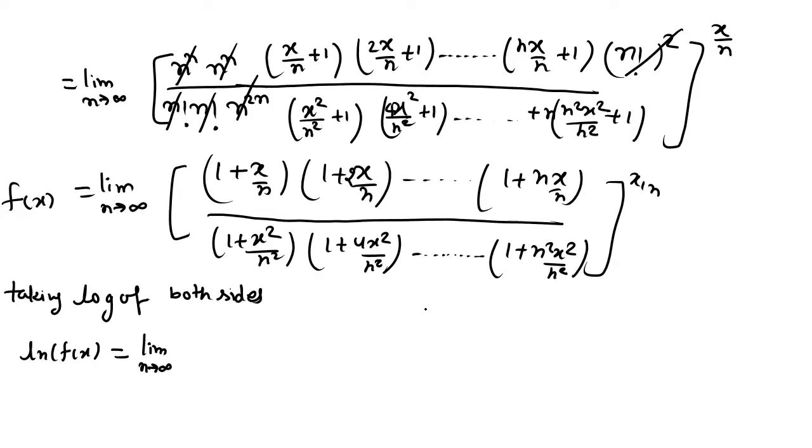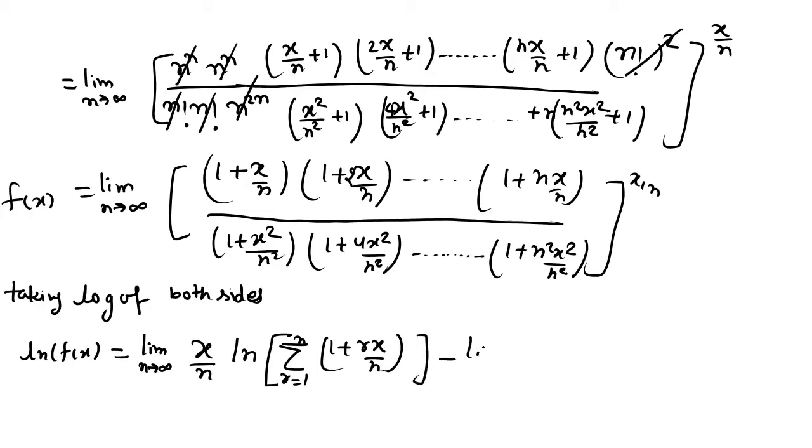When we take log of this expression, x/n will come out, and this will become the sum of ln(1 + rx/n), where r is from 1 to n, minus the limit as n tends to infinity of x/n times the sum from r = 1 to n of ln(1 + r²x²/n²).